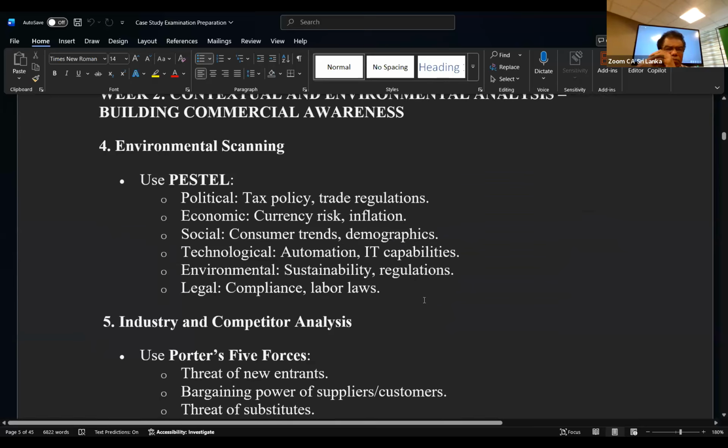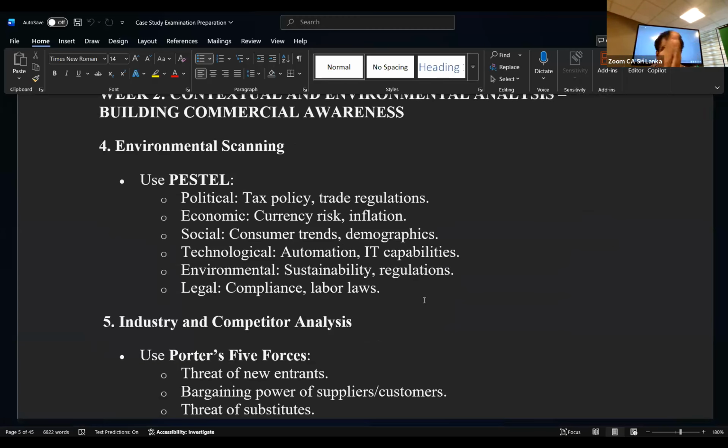Another thing: even with PESTLE and SWOT, students make mistakes. When you do the proper PESTLE, application has to be done, not just generalities. When you read the company, you must note things down properly. Political: tax policy, trade regulation. Economic: currency risk, inflation.